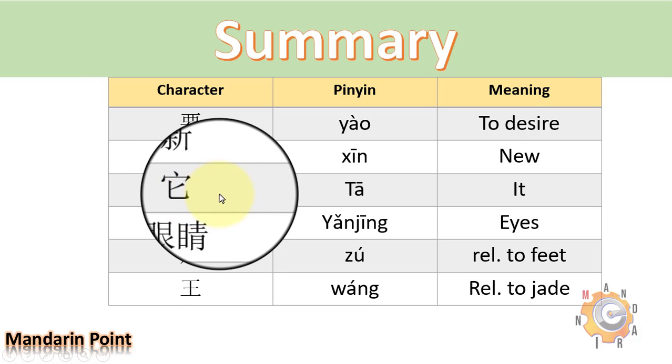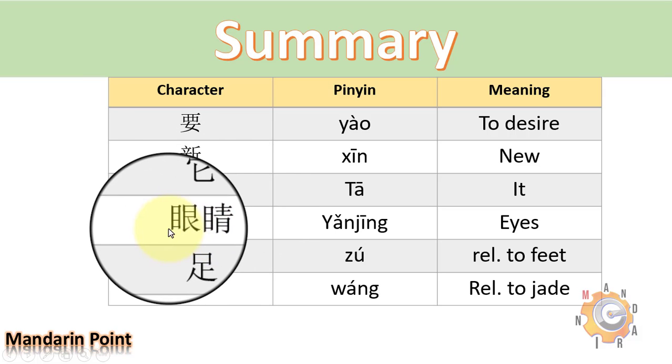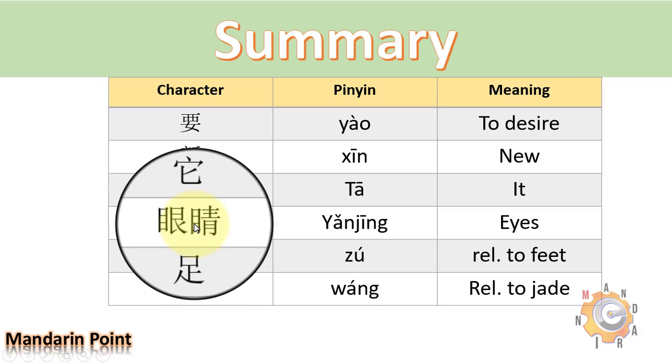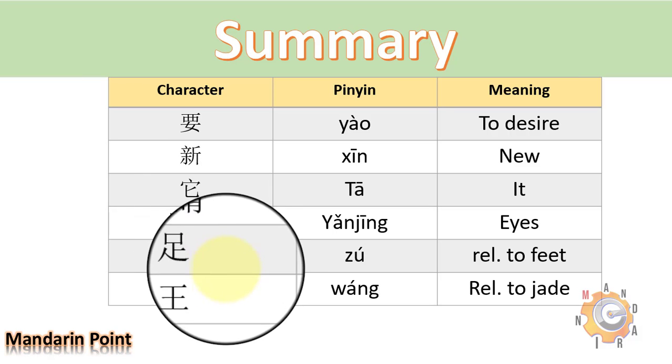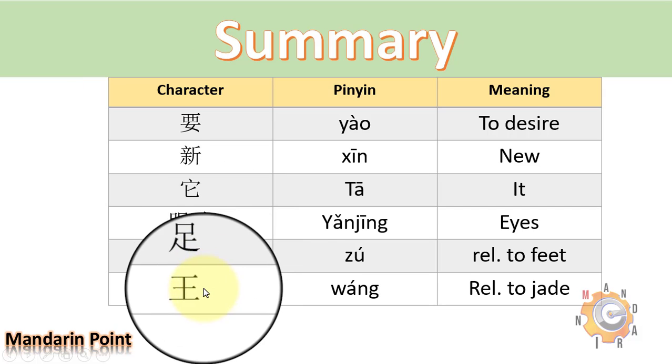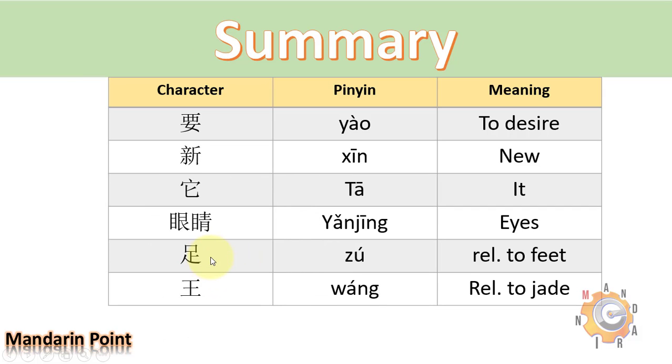Very simple, ta, which means it, and this character is starting from mu. This is starting from mu, which means eyes. Yanjing, zu, and wang, the radical related to feet and the radical related to jade. So that's all about our section 1.